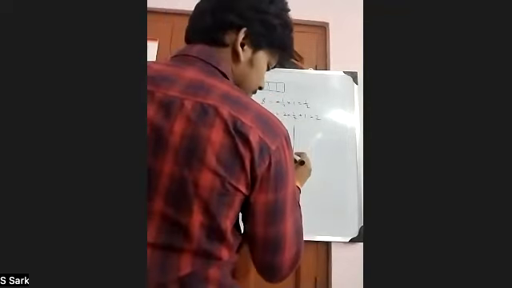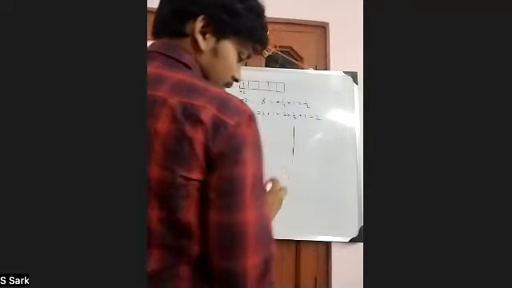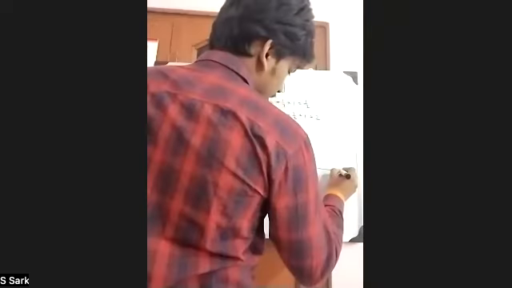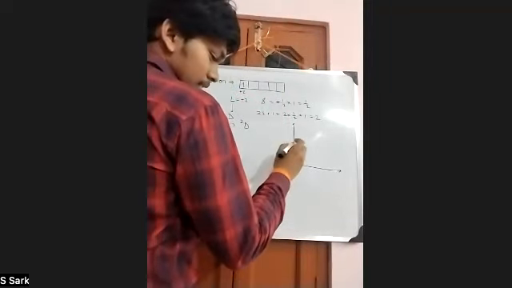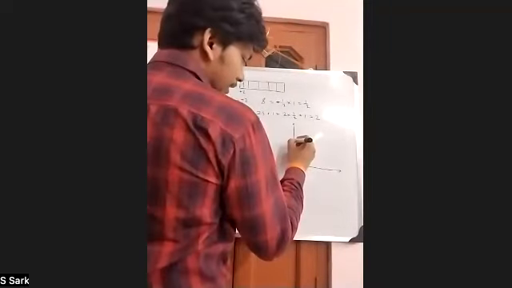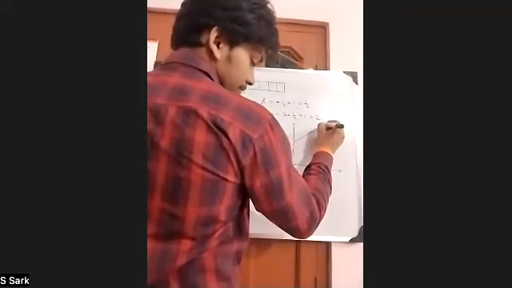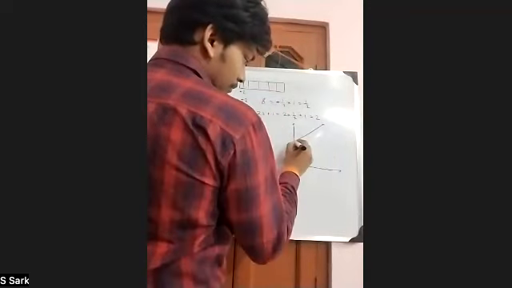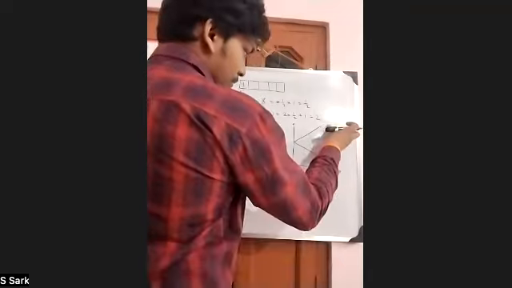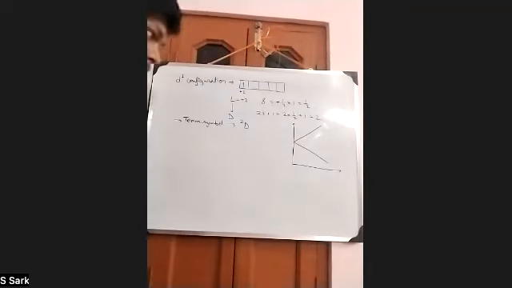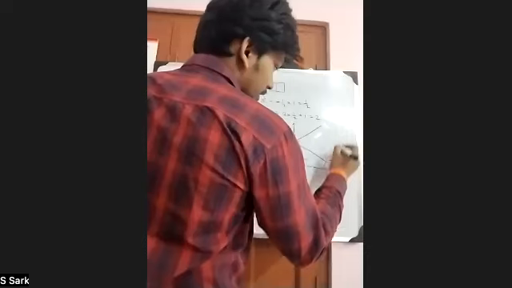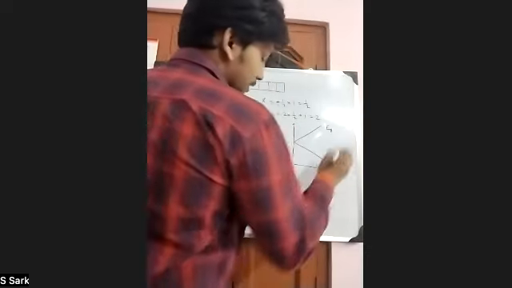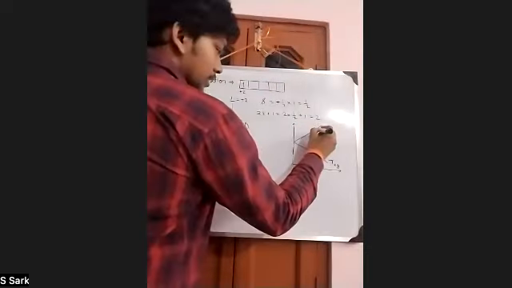So for the 2D configuration, what will be the Orgel diagram? Then the diagram will be like this. In this case, one state will be T2G and one state will be EG. And in this case, one transition will be possible here.